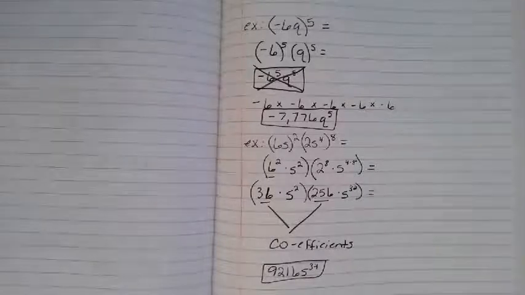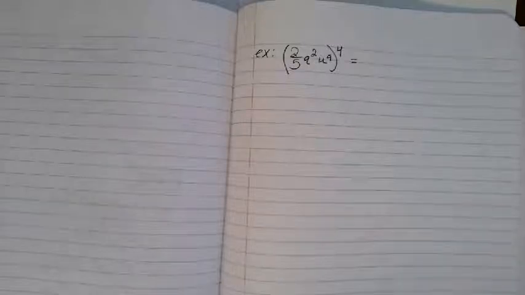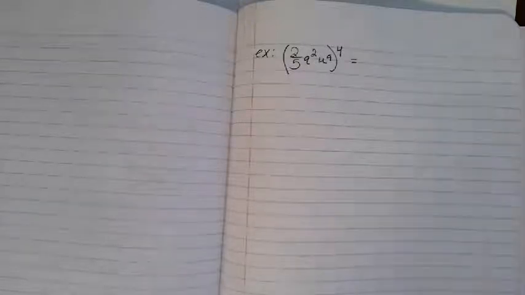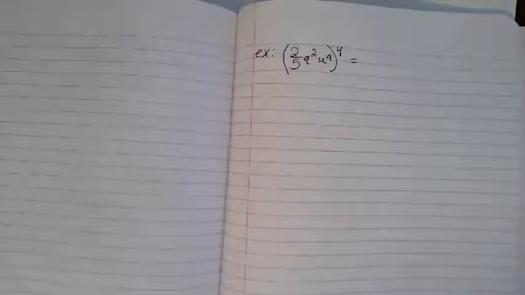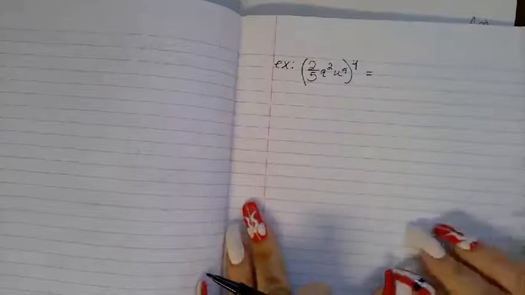Looking at 2 over 5 q squared times u to the 9th, and then all that raised to the 4th power. That's a lot. And remember, our first step is just going to be to distribute that 4 throughout there.